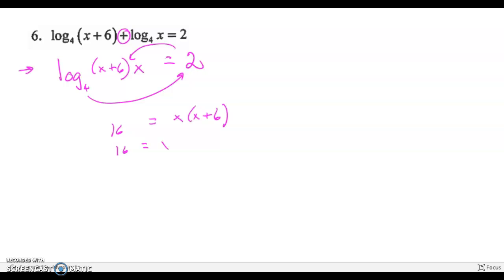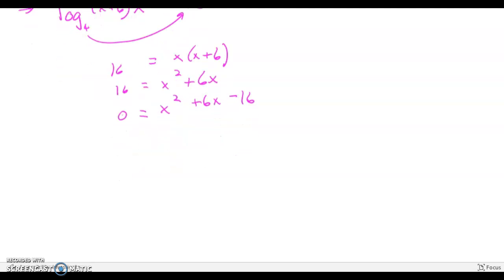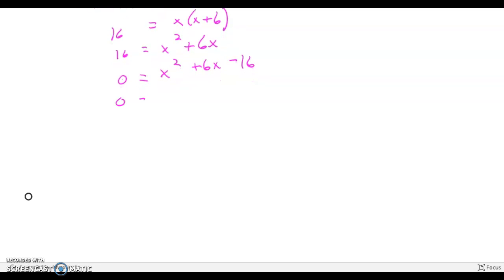16 equals x squared plus 6x. Subtract 16. I know I'm going to have to factor to solve this. 0 equals x squared plus 6x minus 16. And factor. x times x will give me the x squared.